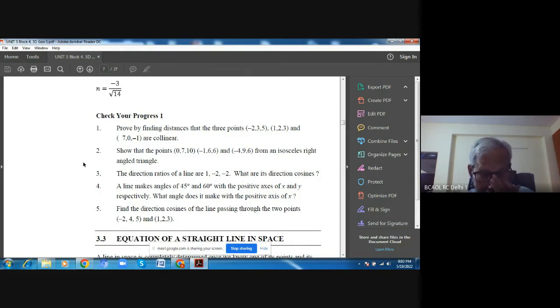Another thing I can tell you: whatever the units, when you go through the IGNOU units, after going through the whole unit, do look at check your progress carefully, and try to do at least one or two solutions on your own.